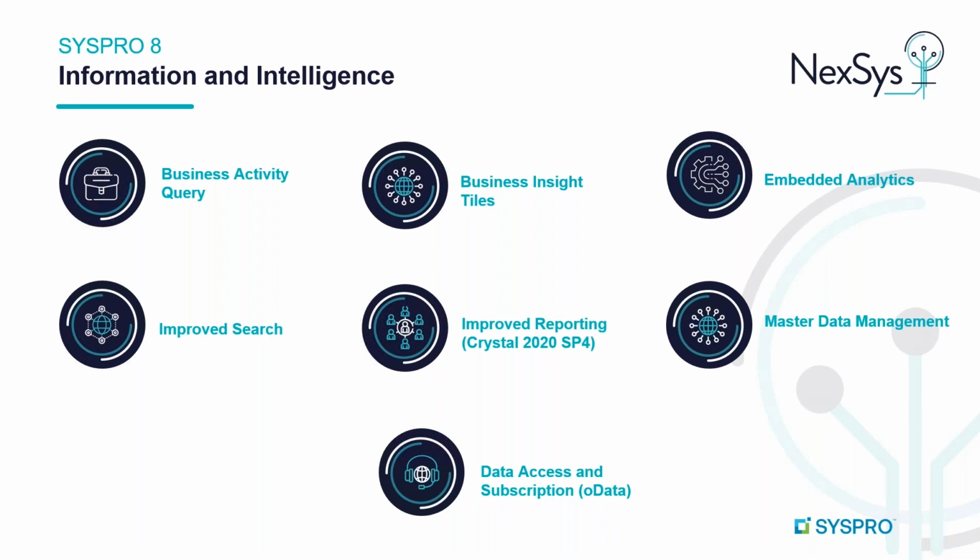Insight tiles can be based on these activity queries that give you a quick little at-a-glance tile to show you how you're performing, what you're doing. In addition to that, there is also a new module introduced in the last release of SYSPRO called Embedded Analytics. It does exactly what it says on the tin. It's analytic information embedded within SYSPRO. I'm not going to talk too much about that because, of course, I'm going to hand over to Lucia shortly to show you what's possible with that.